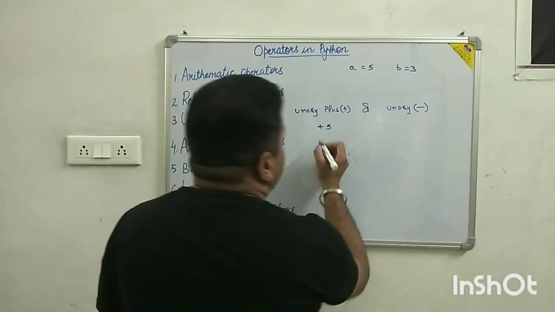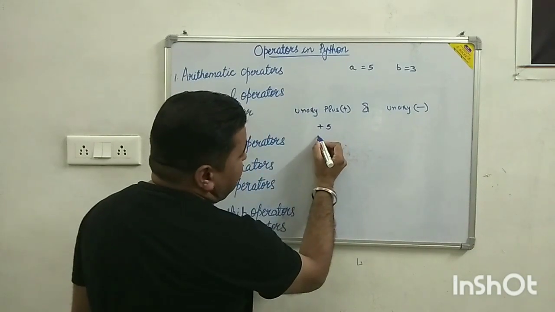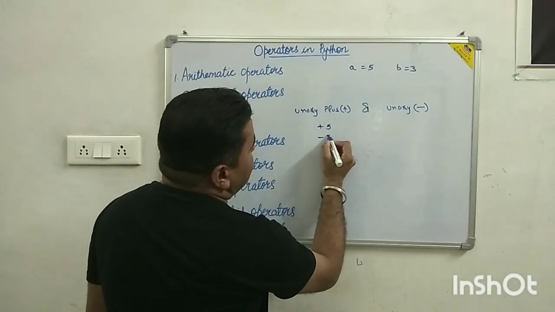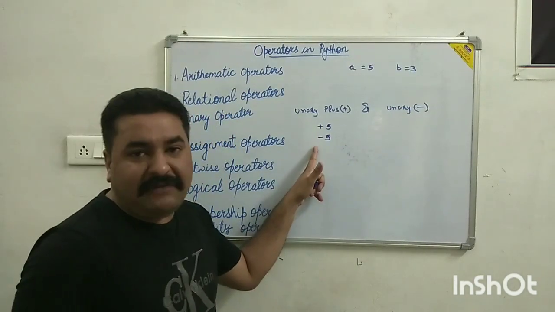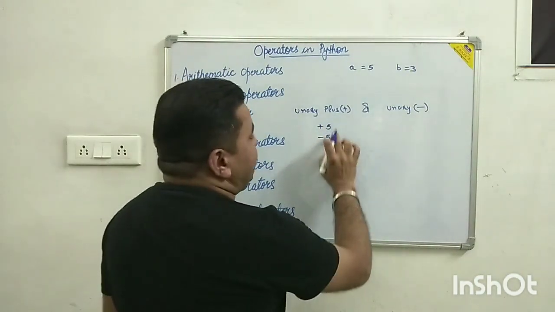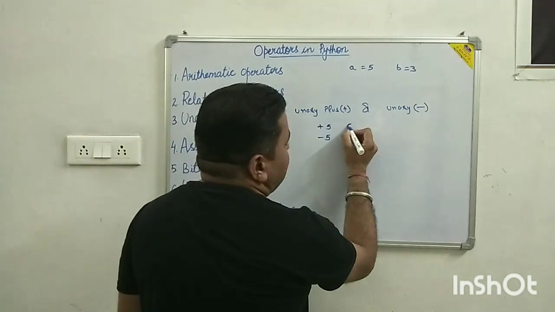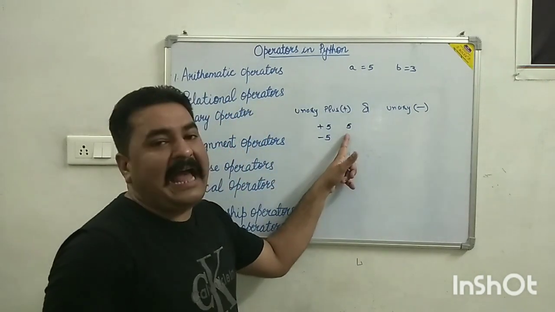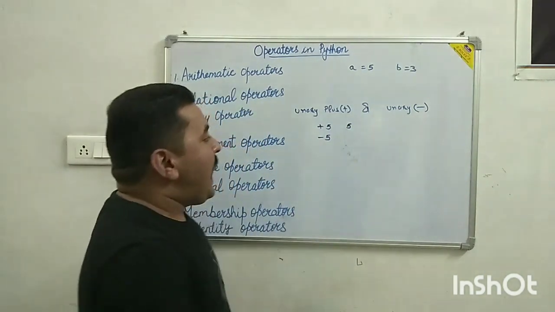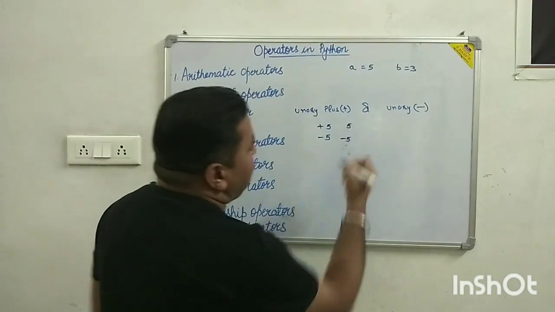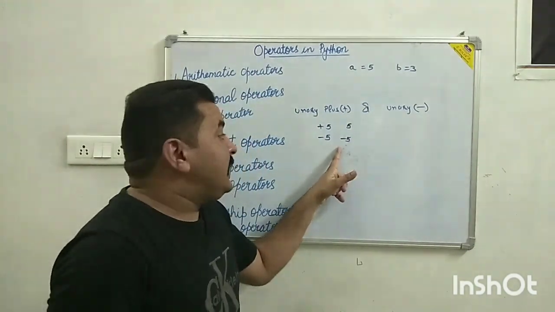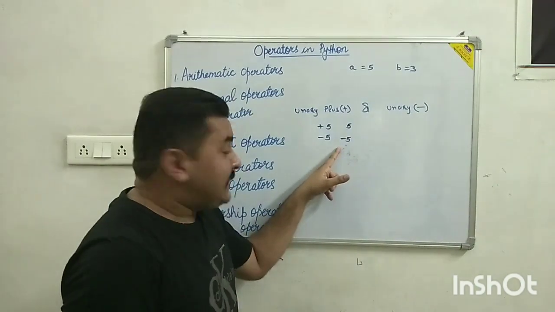And if we assign a value with unary minus, then the value will be minus 5. So instead of writing plus 5, we can write only 5 also. This shows that this is a positive value. And if we are using a minus sign with a variable, that means this is assigning a negative value.